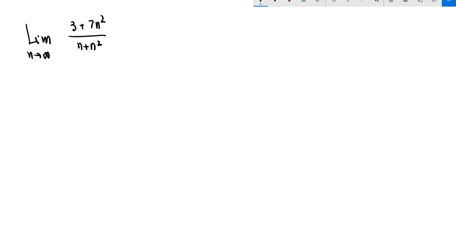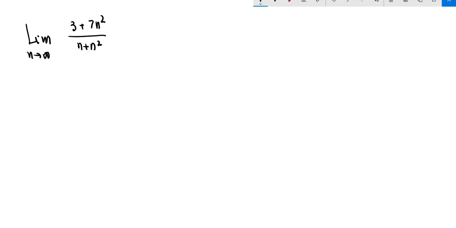Okay, so in this case, notice that the numerator is going to infinity and the denominator is going to infinity, and then you have a ratio of two arbitrarily large numbers. It's not clear what that may be. So we need to work a little harder to determine what can be done here.